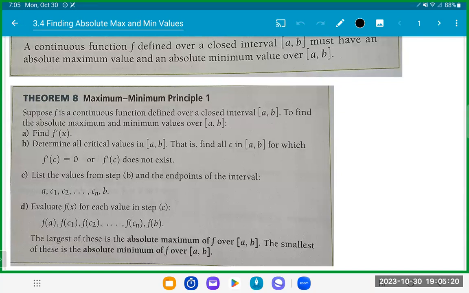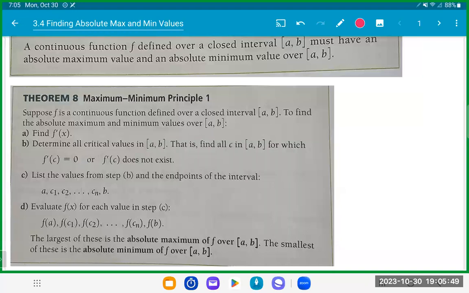We can list out all of the critical values as well as our endpoints. Sometimes our critical value might be an endpoint, and that's okay. You'll see here, we've listed this as A, C1, C2, all the way to Cn, and B. That's telling me it's my 2 endpoints and all the critical values that fall between those endpoints, okay?